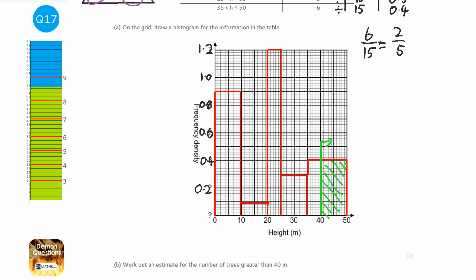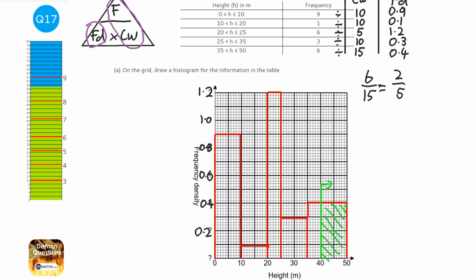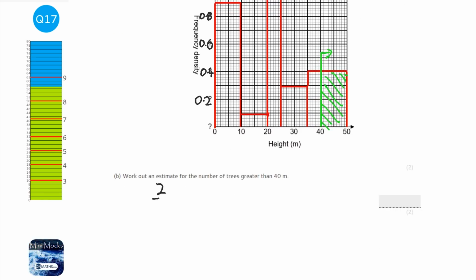Well, if you look at it, I've shaded in 2/3 of that last group. In the last group there are 6. So I want to find 2/3 of 6, because the total frequency for that bar is 6, and we're looking for 2/3 of it. Well, 1/3 of 6 is 2, so 2/3 of 6 is 4.